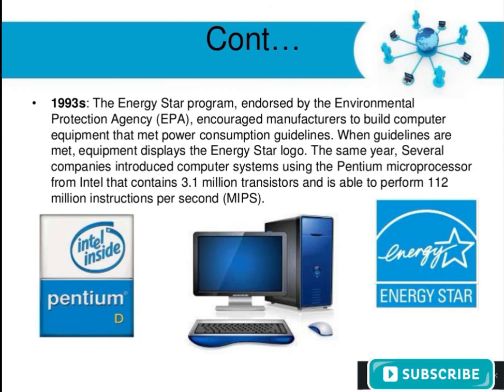The same year, several companies introduced computer systems using a Pentium microprocessor from Intel that contained 3.1 million transistors and was able to perform 112 million instructions per second, that is MIPS.